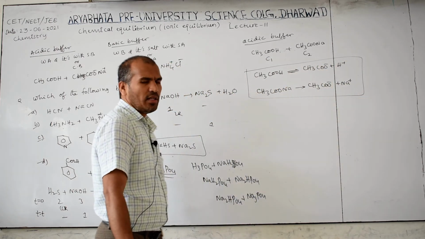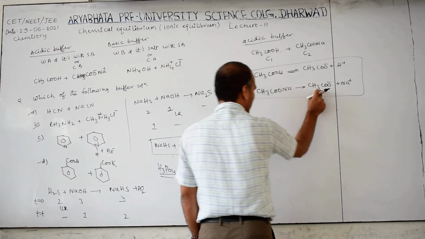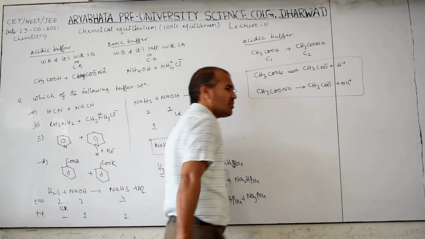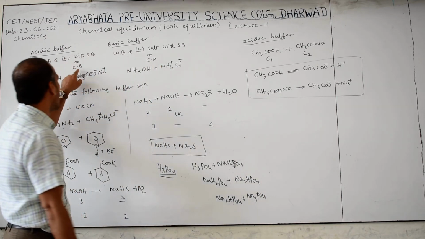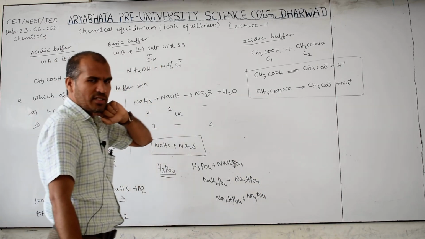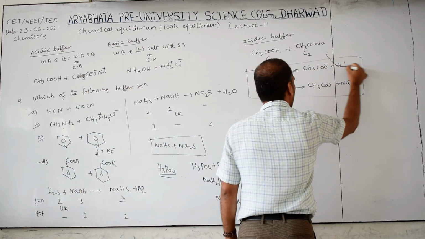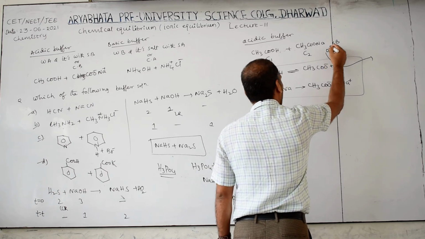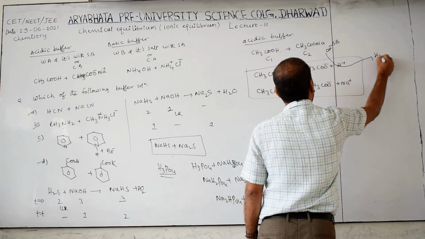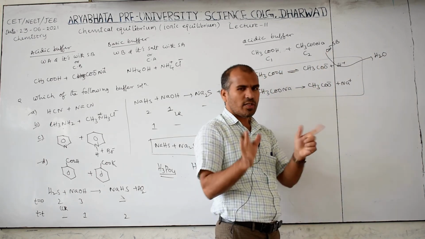H plus is the acid, and CH3COO minus is the base, the conjugate base, so it has basic nature. Base does not react with base. If you add OH minus, a strong base, then OH minus and H plus combine to form H2O.